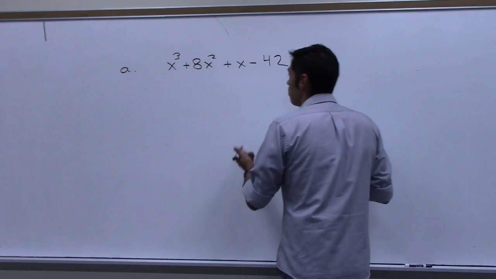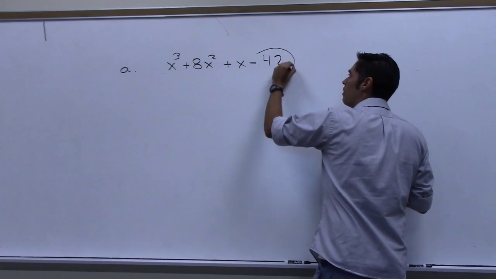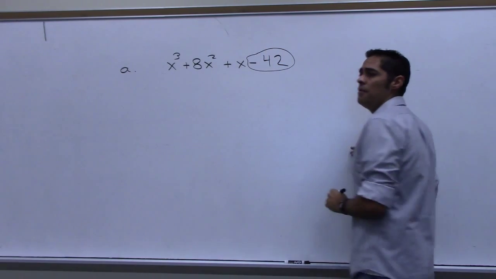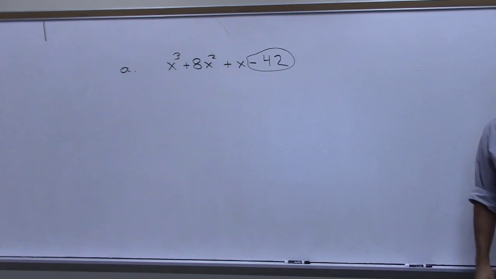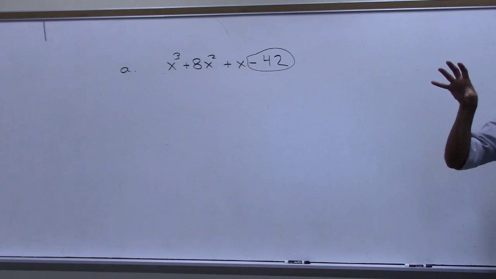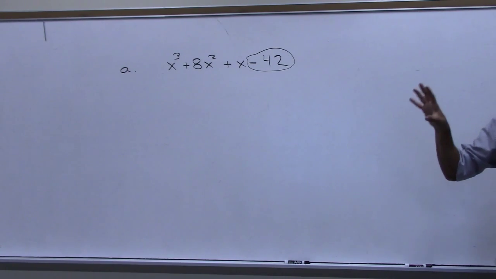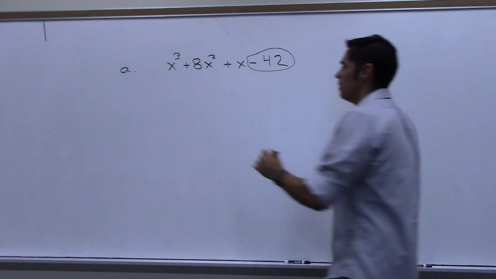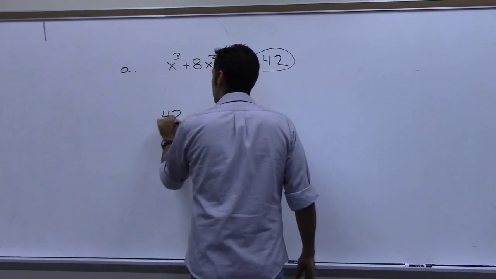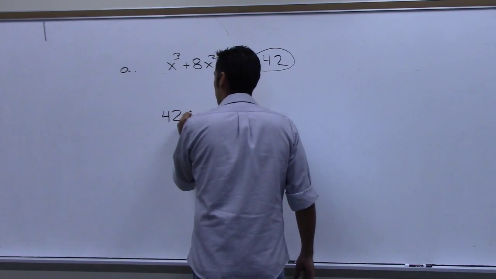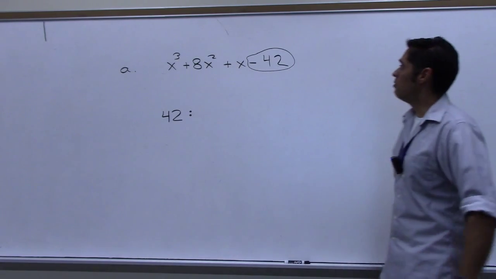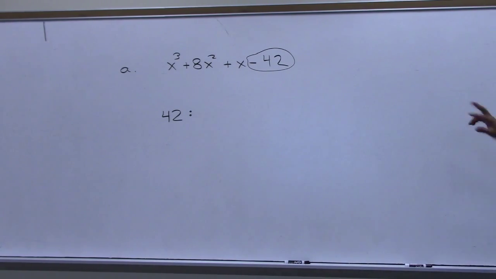What we do next is we identify the number in the back of the polynomial, which is usually going to be just a constant, and let's write that number down. I really don't even care that it's negative. I'm going to look at the number 42, and I'm going to put a colon next to it.